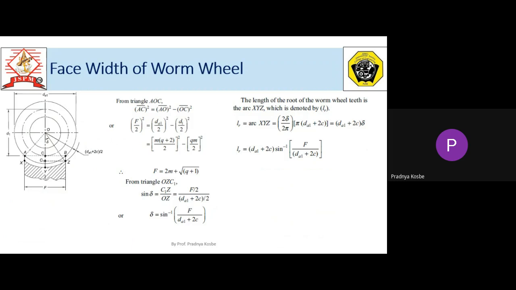Okay, so for finding this out, you can see this is the pitch circle diameter of the worm. It is shown by a center line. This is the outside diameter of the worm.